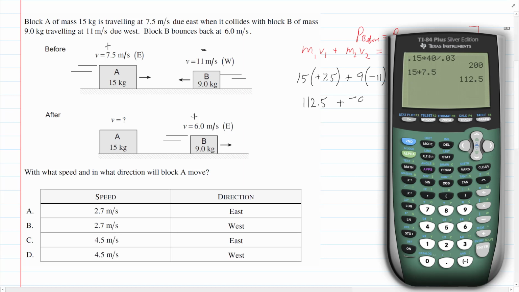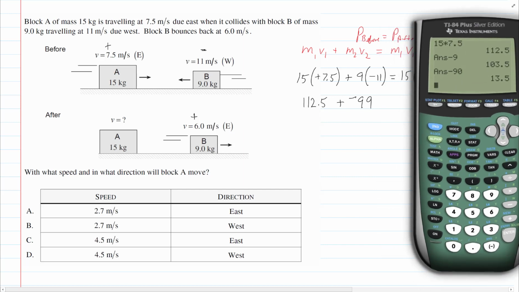The total momentum, whoa, so that subtracted 9. Now I have to subtract 90 as well. So the total momentum of the system is 13.5 kilogram meters per second.